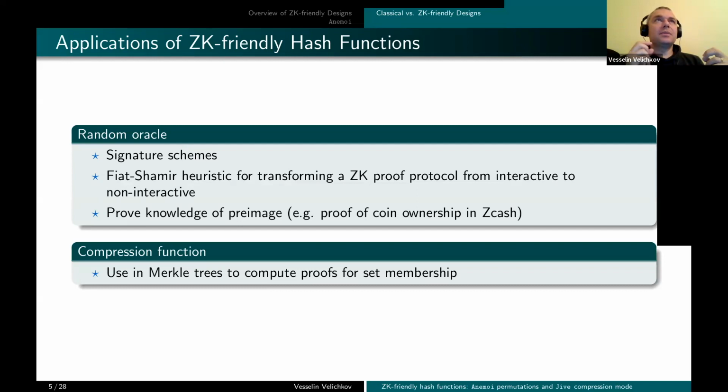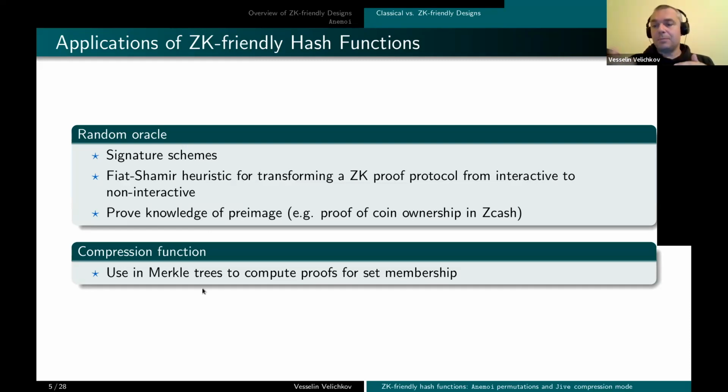And another application would be in the Merkle tree, I think, where you're structuring all your transactions in a Merkle tree, right? And then you're giving the root of the Merkle tree. And if on L1 you want to prove that a transaction is part of the tree, so it is included in this batch, you need to provide the path of this transaction to the root.